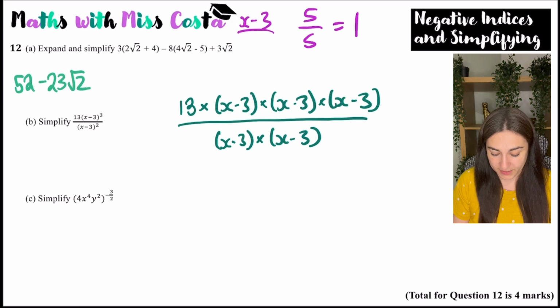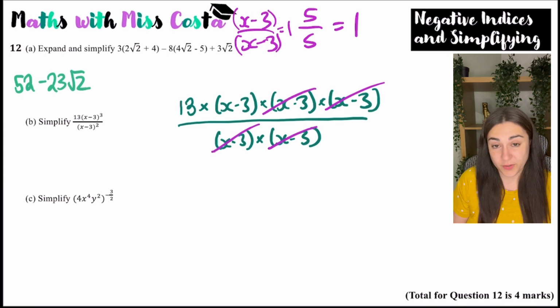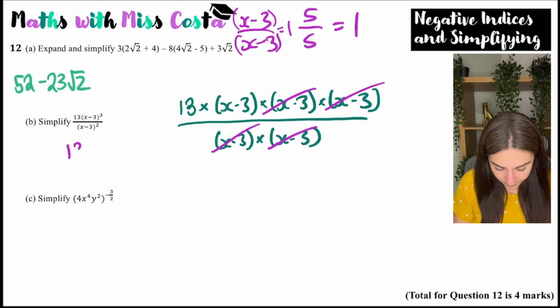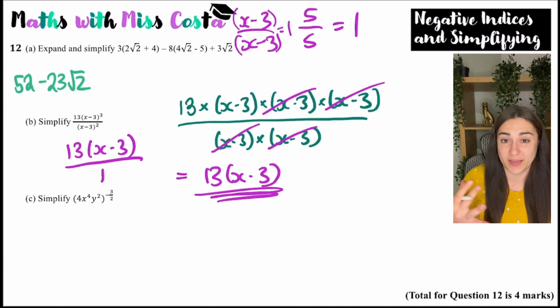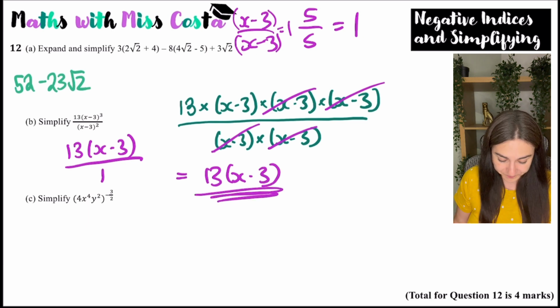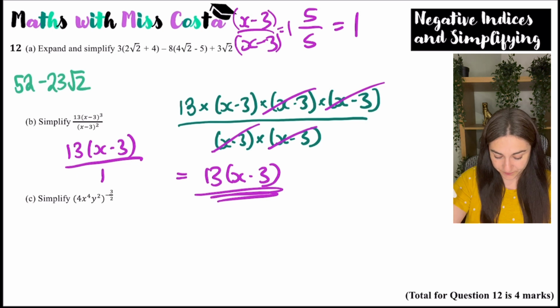So therefore x minus 3 over x minus 3 is also going to be 1. So that cancels with that, gives me 1. That cancels with that. And at the bottom, you're just left with 1. So that would be 13 times x minus 3 over 1, which is just 13 times x minus 3. And you can leave it like that because generally being factorized is its simplest form. Okay, for the next part, we've got this algebraic expression to the power of negative 3 over 2.